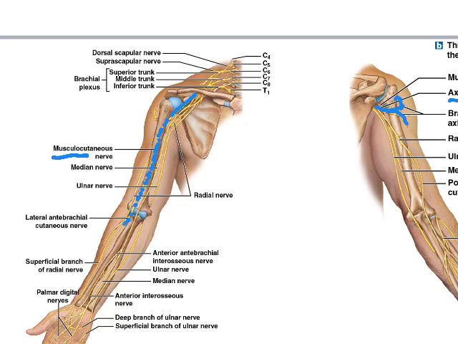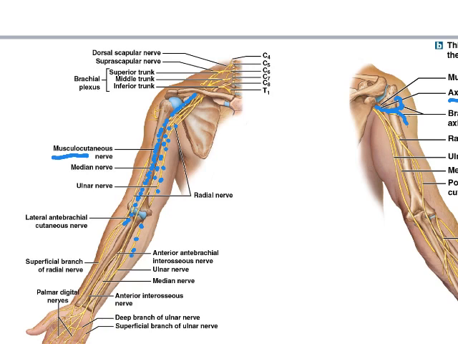Median nerve is going to be medial to that. So if you're having trouble distinguishing between musculocutaneous, median, and ulnar, it kind of goes in that order from center and then medially. So the median nerve here is medial to musculocutaneous, and the ulnar nerve is going to be the most medial of all of them, right? Because it's got to go down towards the pinky side of the forearm.